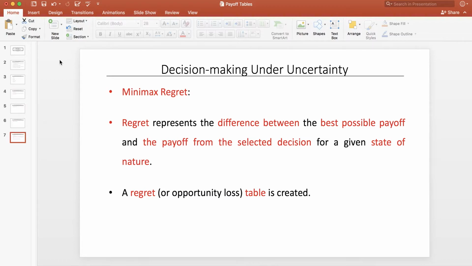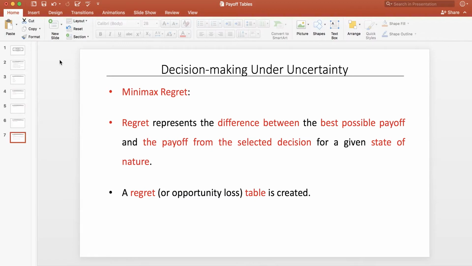Okay, so this is just an example. The maximum money I can make is when I open in city A and I'm making $100,000. But let's say that I decided to open in city C, which makes me $20,000. So what happened is, if I chose to open in city A, I would have made $100,000.